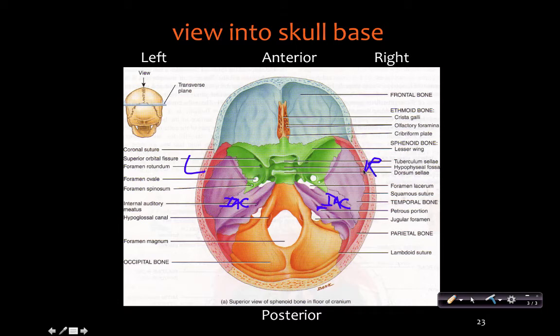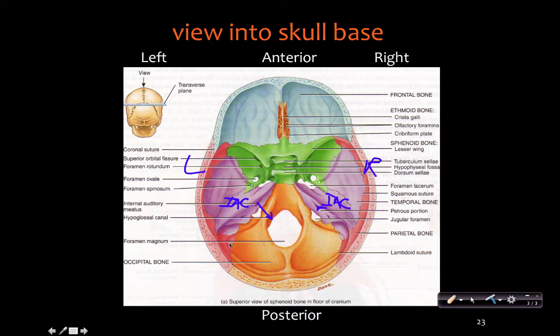And again, the major need for the internal auditory canal is to allow the auditory nerve, which begins inside of the petrous portion in the inner ear, to extend out and to cross, and it's ultimately going to insert into the brainstem.